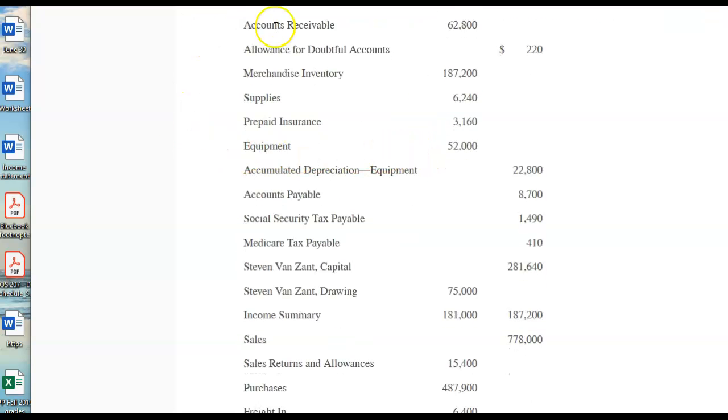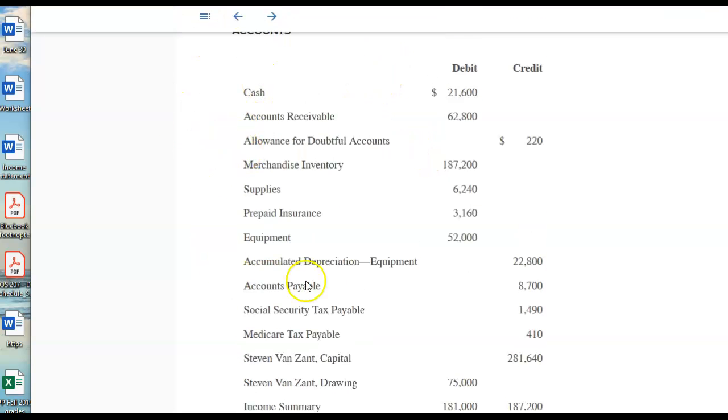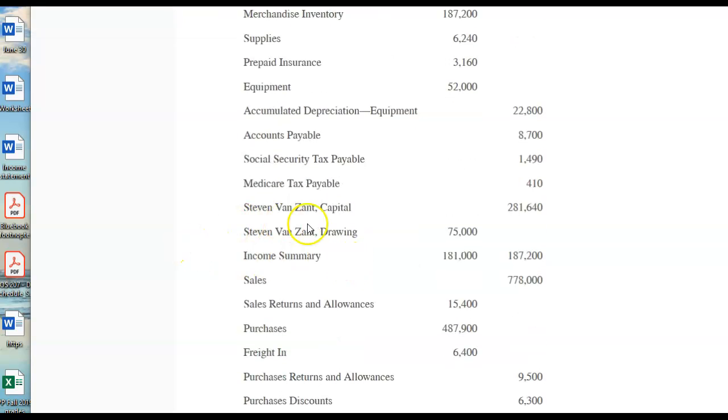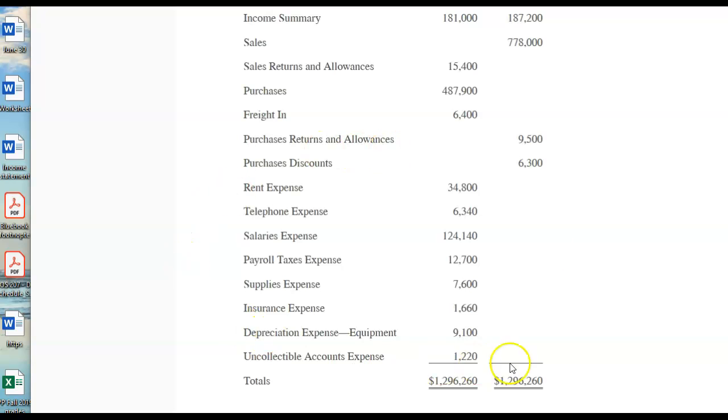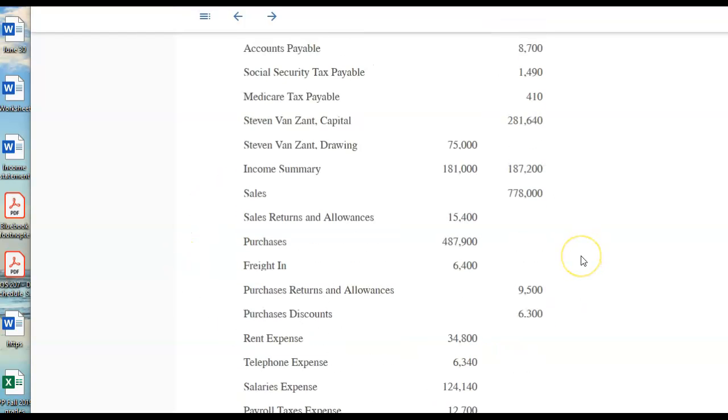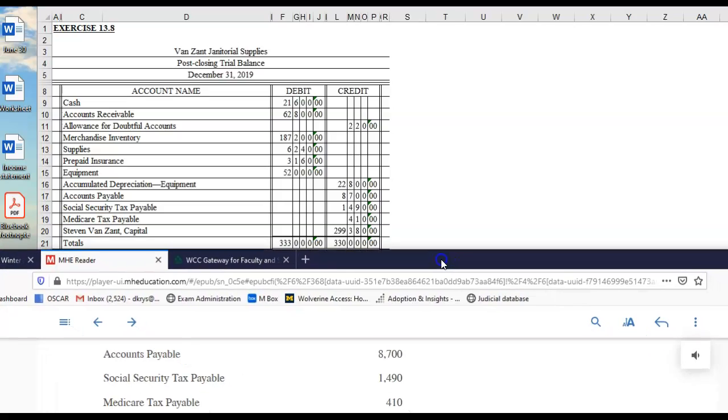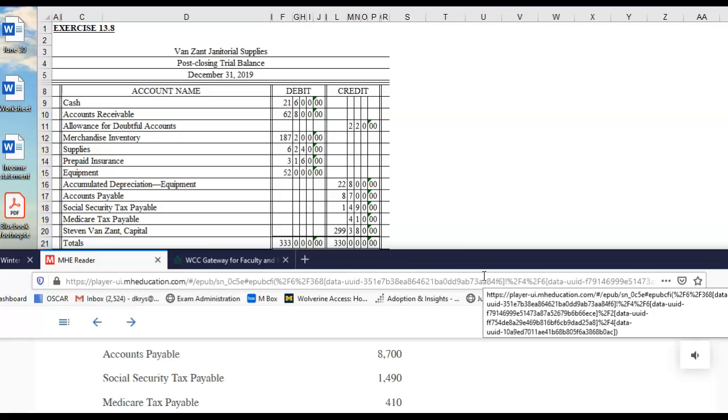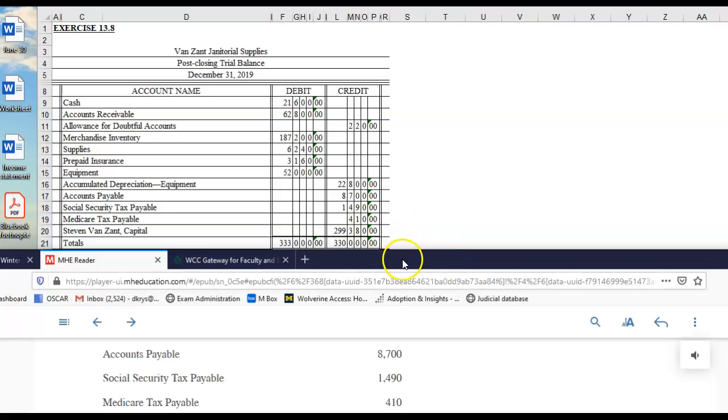However, you can pull over the assets and you can pull over the liabilities, but when it's time to pull over the capital, given all this additional information that they give you, you have to figure out what the real capital amount is. It's not $281,640.